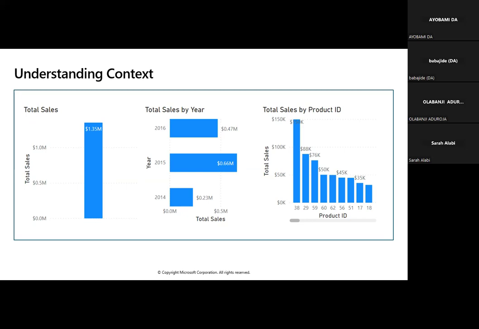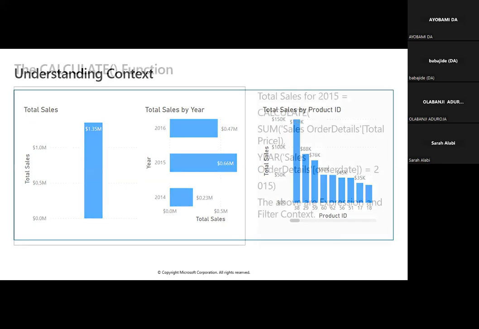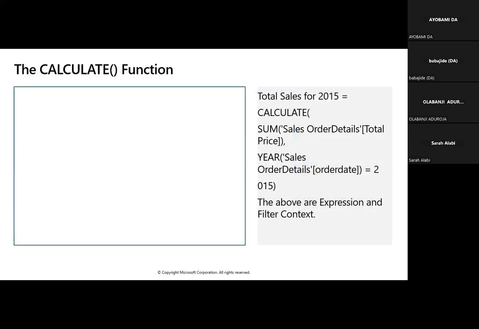For instance, selecting 2015 in the second visual changes the filter context of the DAX measure. It modified the first. We will see all this when we come to the theory part.